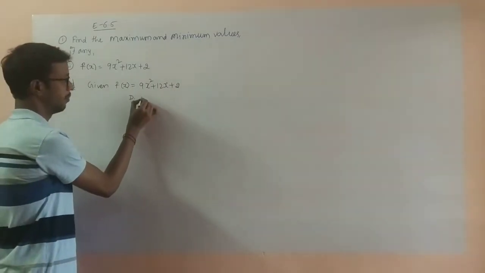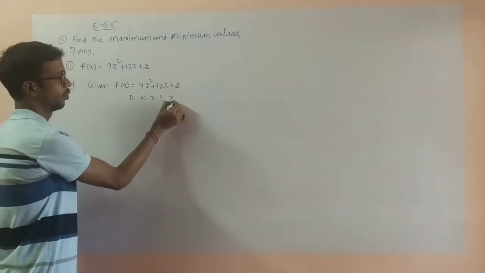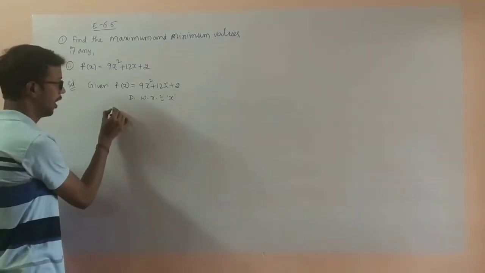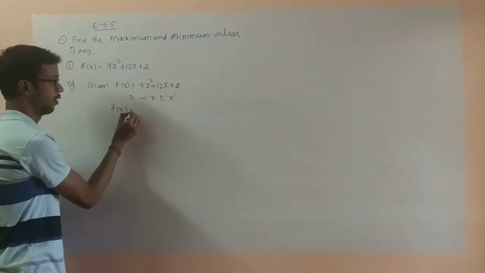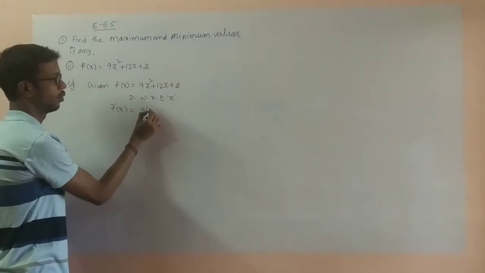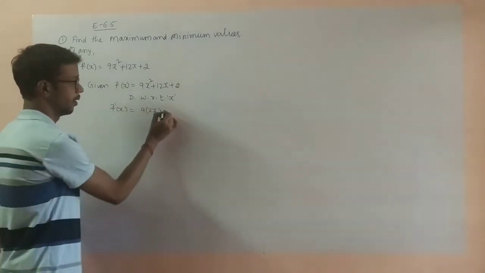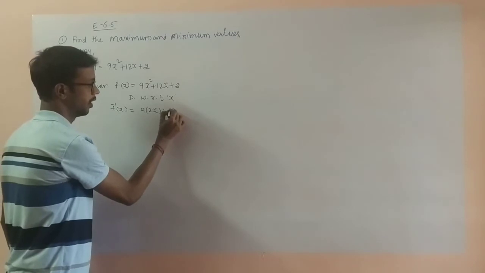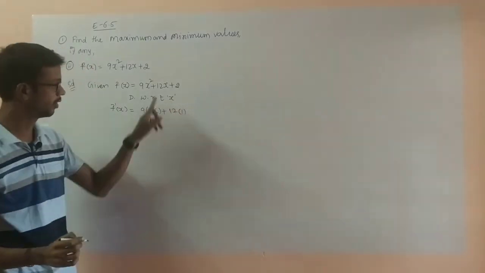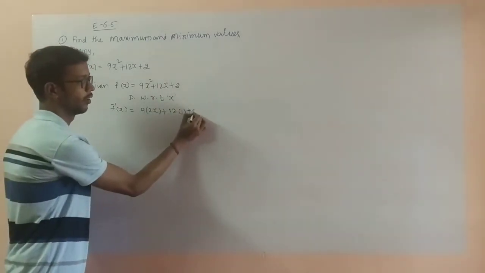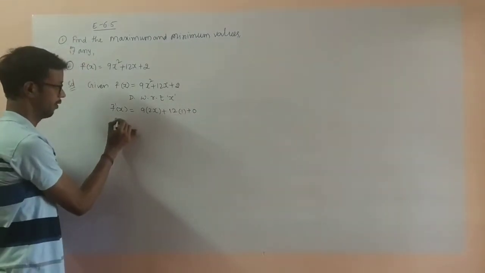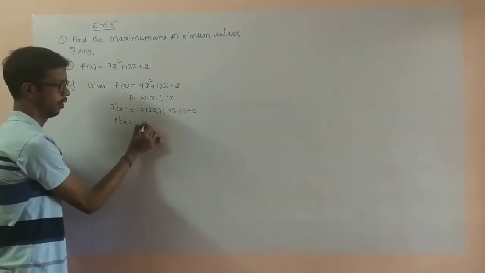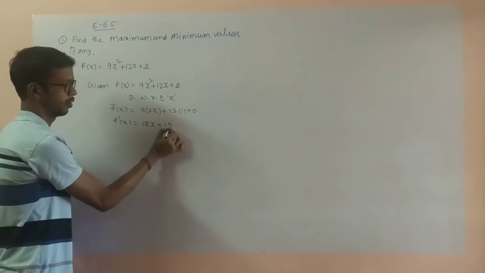First step, differentiate with respect to x. f dash of x is equal to 9 into 2x plus 12 into derivative of x which is 1, plus derivative of 2 which is 0. f dash of x is equal to 18x plus 12.